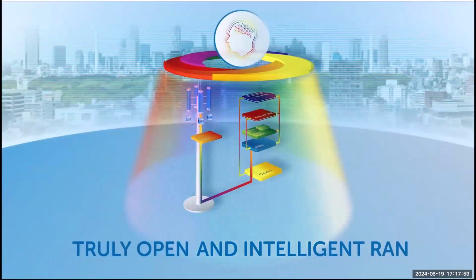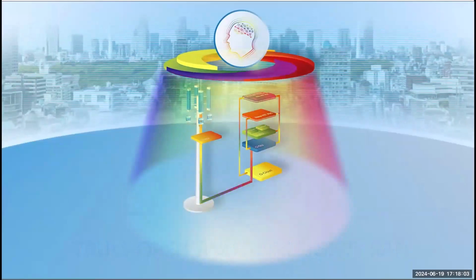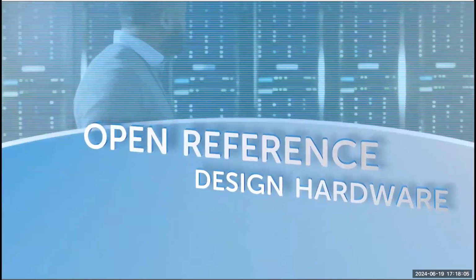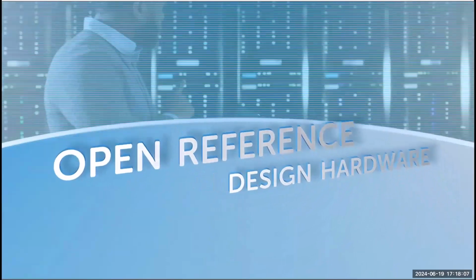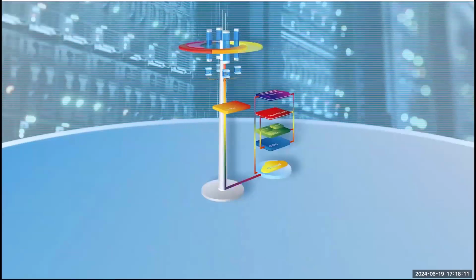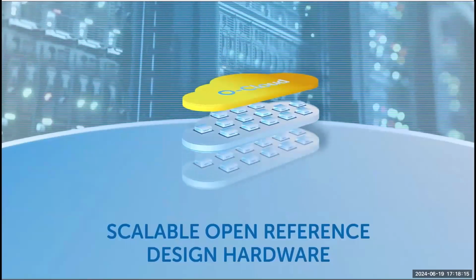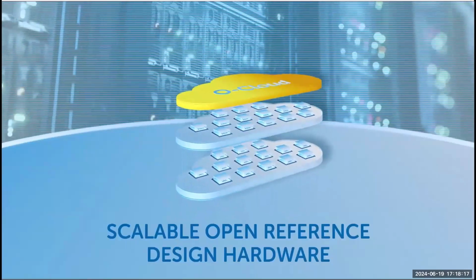The O-RAN architecture improves the RAN in several areas. First, the O-RAN architecture supports disaggregation of software from the hardware and network virtualization. Underlying open reference design hardware and the O-Cloud provide a high-performing and scalable computation layer.